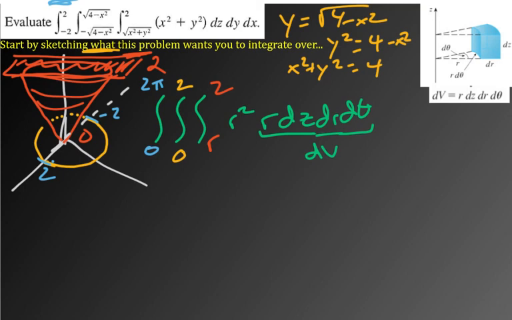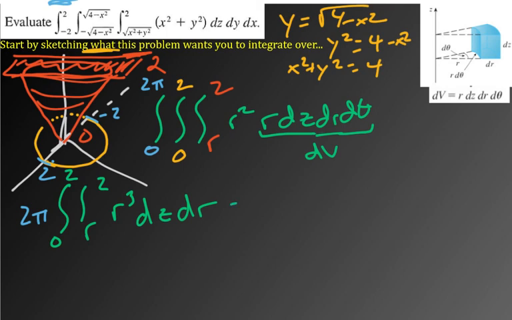If you want, there's nothing in here that has to do with angles when you integrate, so you can just do 2 pi times this problem. I'm also going to do r cubed, and then dz dr. So now it's just a double integral, if you want to think of it that way.